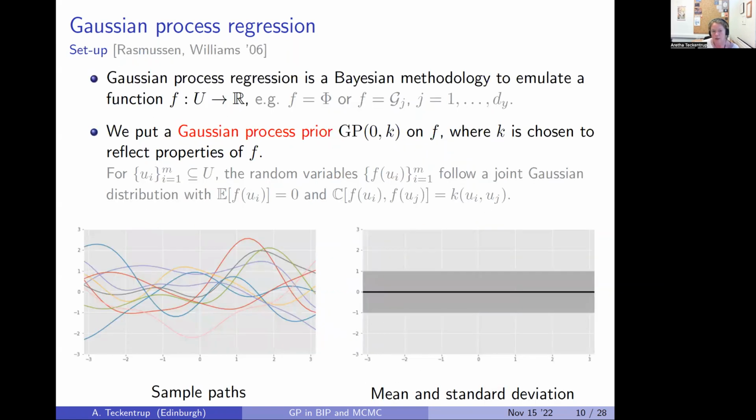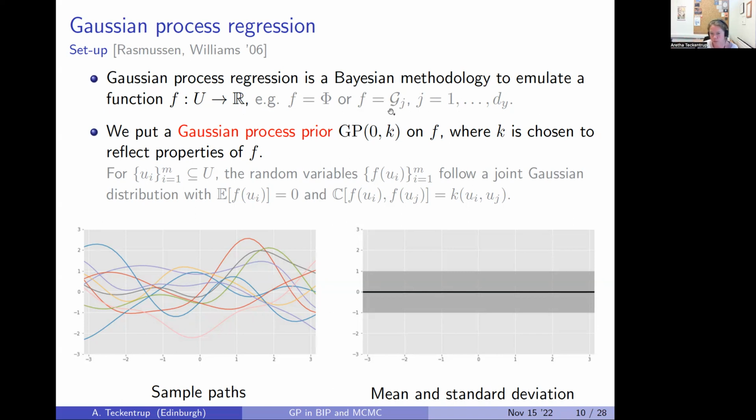So how does Gaussian process regression work? We now want to use Gaussian process regression to build an emulator or a surrogate model or a reduced order model, either for the log likelihood phi or for the observation operator in our inverse problem. For simplicity, here I'm restricting to the case where you have a scalar valued function.